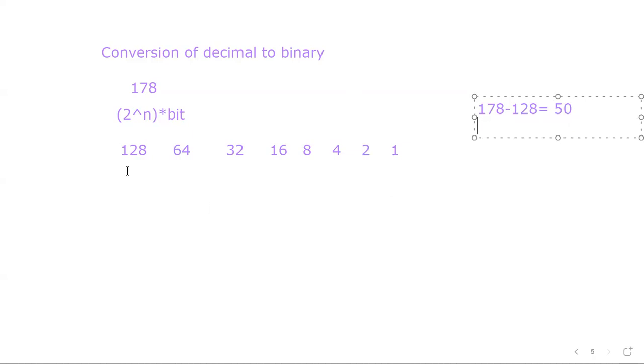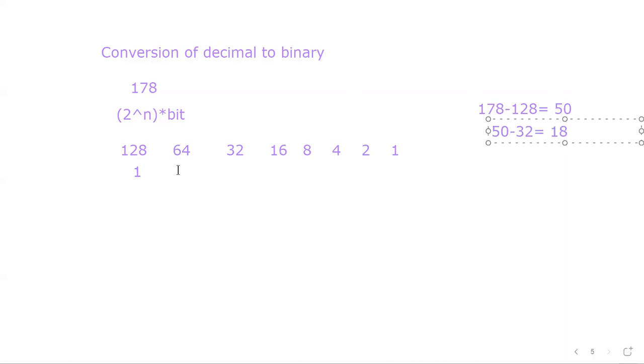So I put 1 below 128 because I used it. Then where does 50 come, between 64 or 32? What is less than 50? 32. So let me subtract 32 from 50. It will come 18.